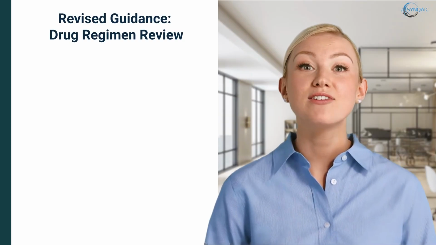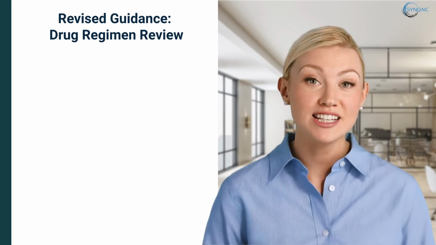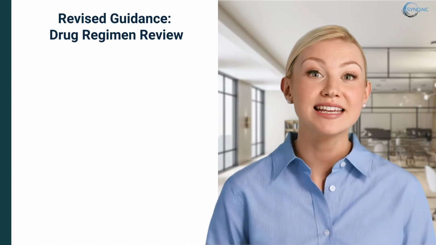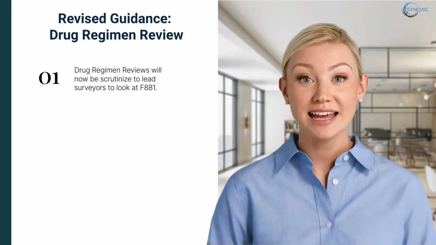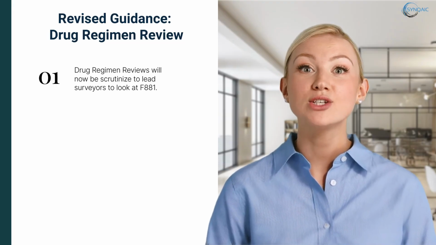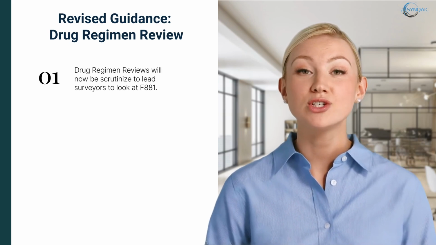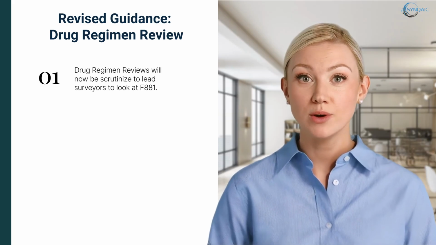So now let's look at the revised guidance on drug regimen review. Before we begin looking into the changes, let's look at definition changes that have been updated in the regulation. The revised guidance provided additional notes and language. These have been added to F757 and F758 to lead surveyors to scrutinize F881, the tag for the antibiotic stewardship program.